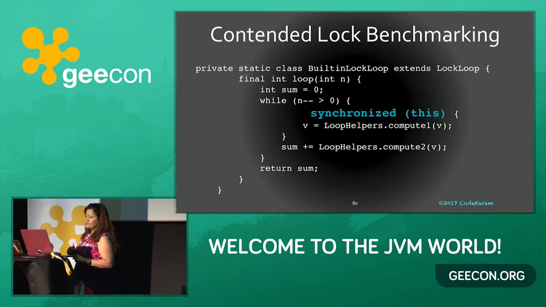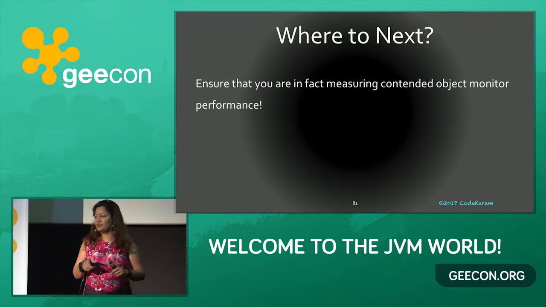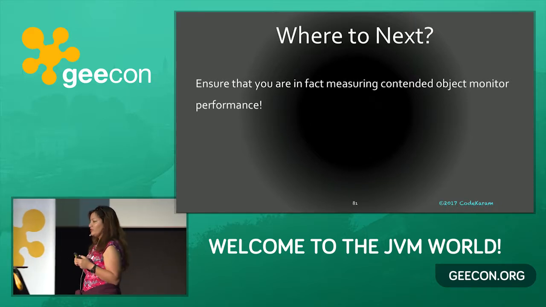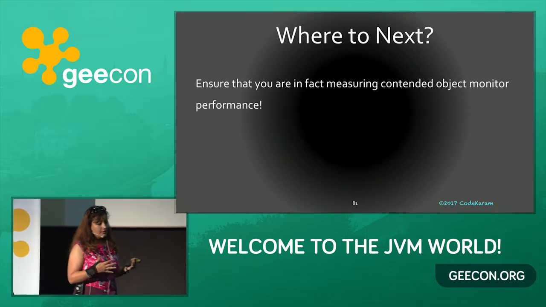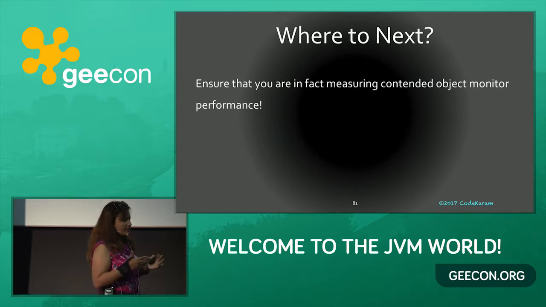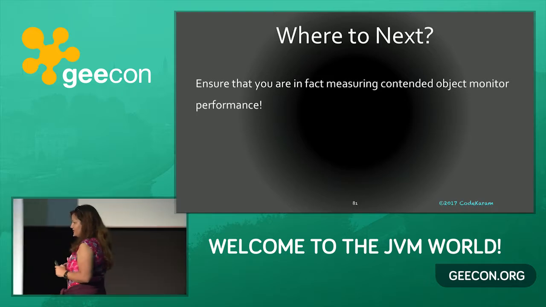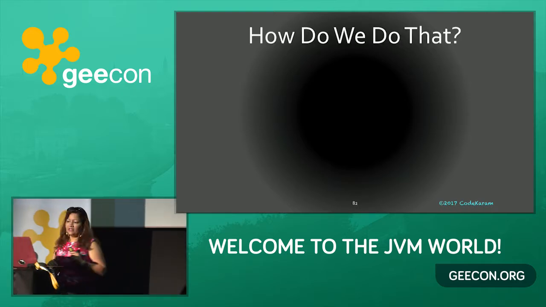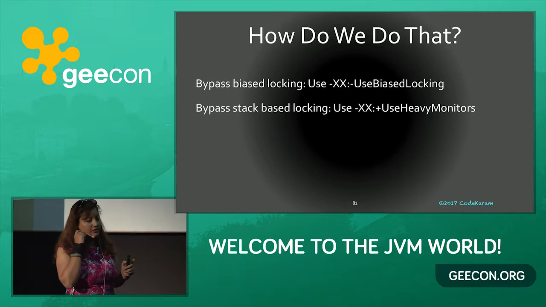So where to next? Remember I said ensure that you're in fact measuring what you think you're measuring. In this particular case, even I fell for it. I thought I was measuring contended locking, but I didn't see any changes. That was because I did not bypass bias locking, and I did not say use heavy monitors all the time.